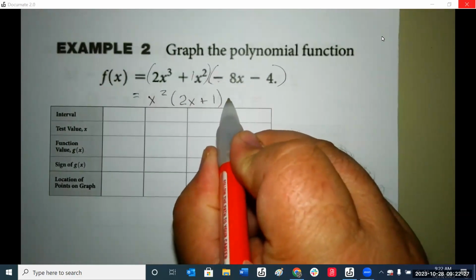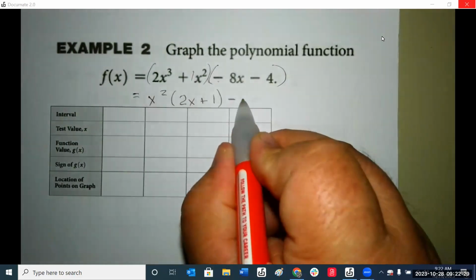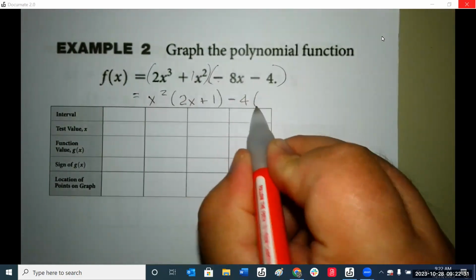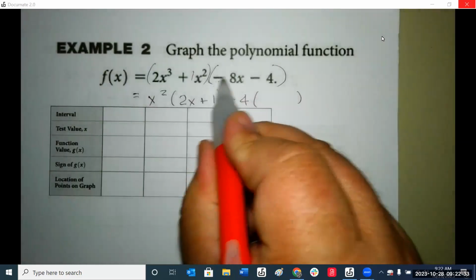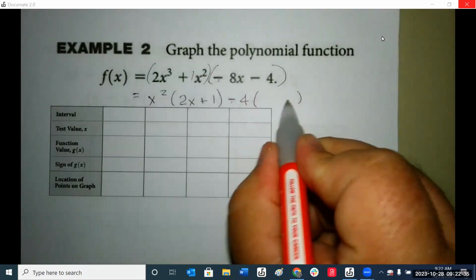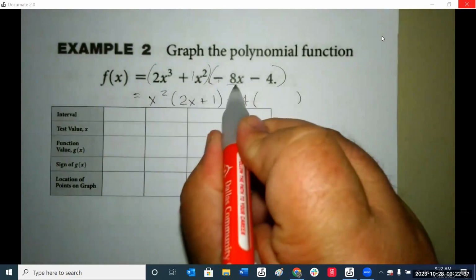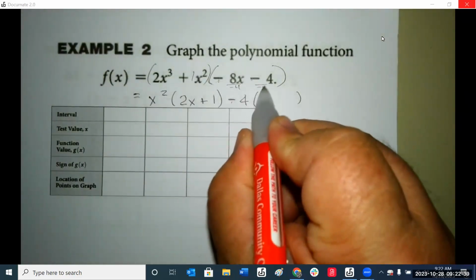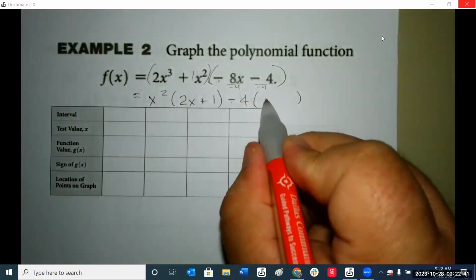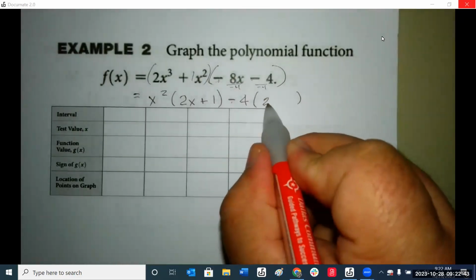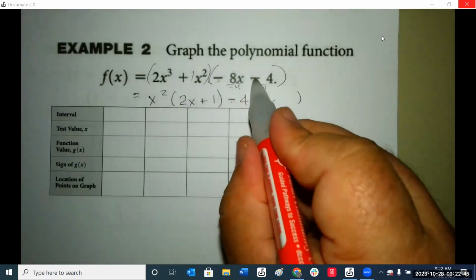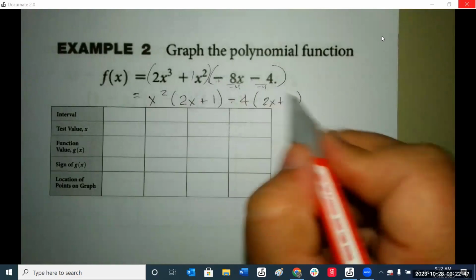I take out the negative. 8 and 4 both have a 4 in common. Since I took out the negative, I got to change both of those signs. They're both going to be positive. So negative, negative makes it positive. 8 divided by 4 is 2x. Negative, negative makes it a positive 1.